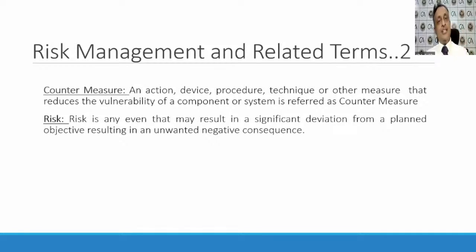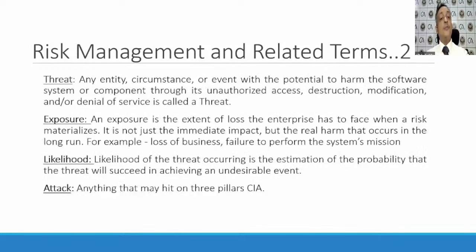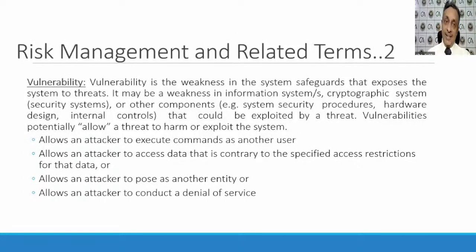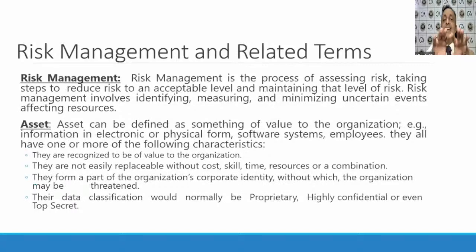Countermeasure, measures put in place to reduce the impact of vulnerability. Attack, the way attack is done. Likelihood, possibility, probability. Exposure, the value loss. Threat, the agent that may exploit vulnerability. Vulnerability is weakness. Asset is anything that has value for organization.